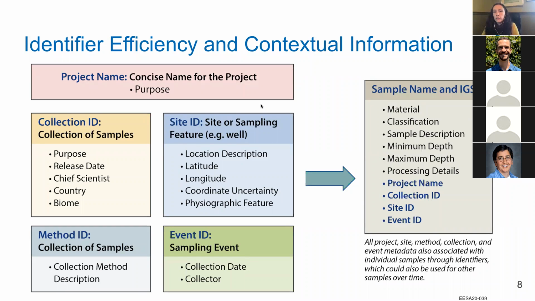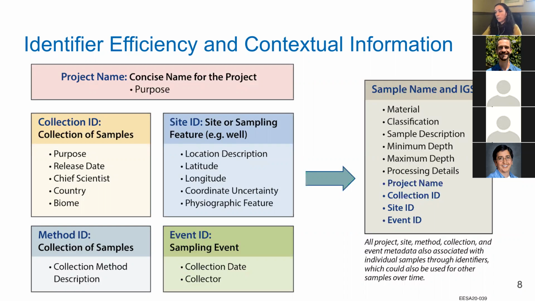Also, to avoid redundancy in data management, we moved towards this approach of some of the commonly used relational data models and also Darwin Core, which separates metadata. It allows the option of separating out metadata by higher level entities that are kind of overarching of a particular sampling effort. These can be things like a project, a collection of samples, a site, or event.